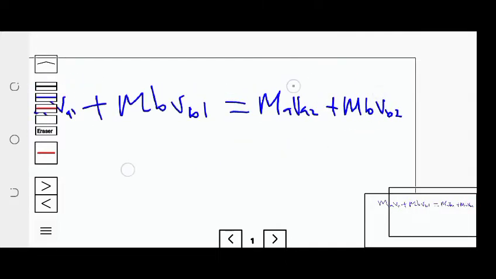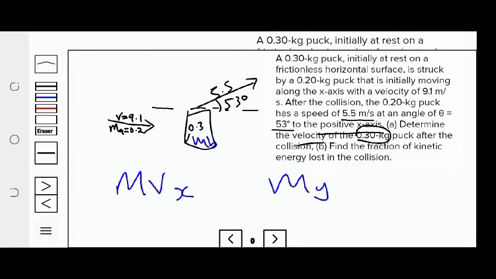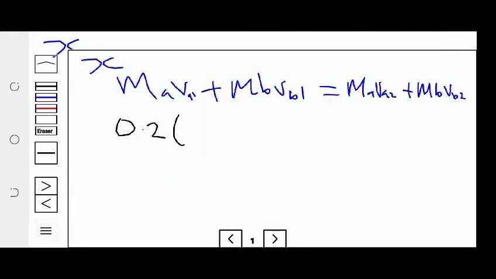So all that we have to do is do replacements, but remember this is in the x. Okay, so all the vectors that we are going to consider are only in the x. So if we start doing the replacements, this is 0.2 times v. We look at the velocity, which was 9.1, and all of this was in the x, so 9.1.